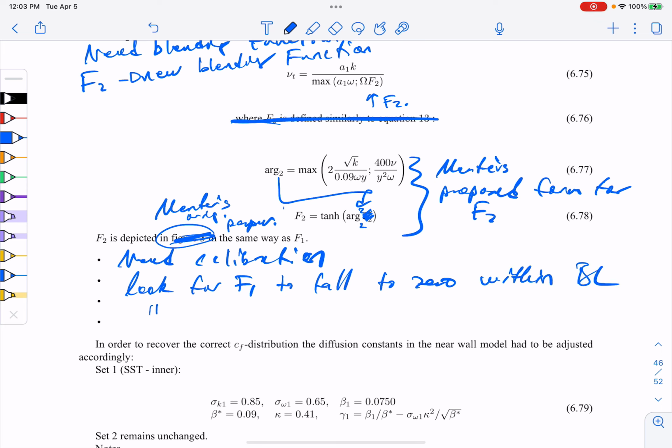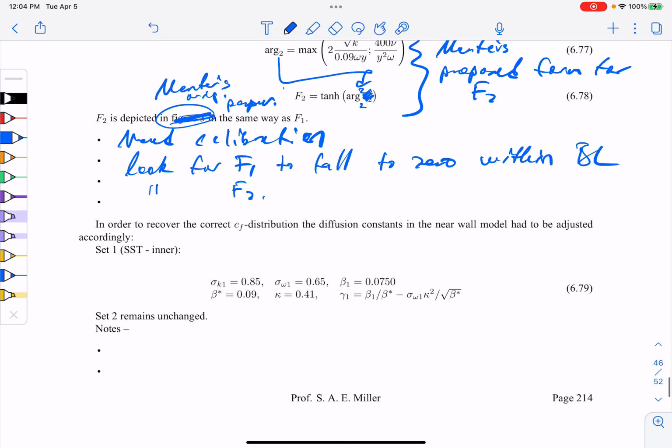And also for F2. So this was done and calibrated with this particular set of coefficients here. So these are Menter's calibration coefficients.